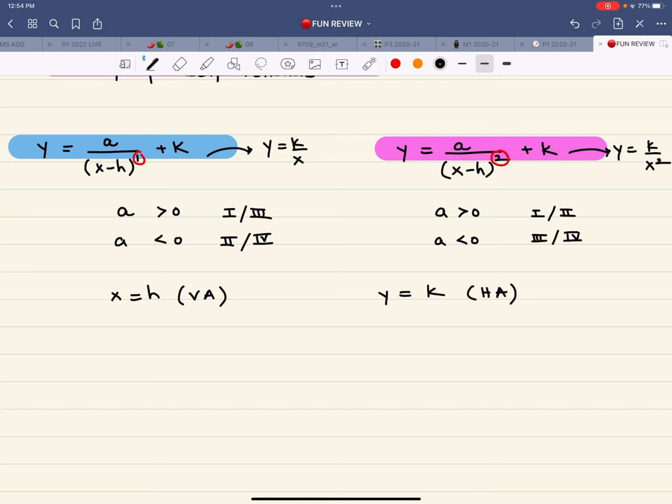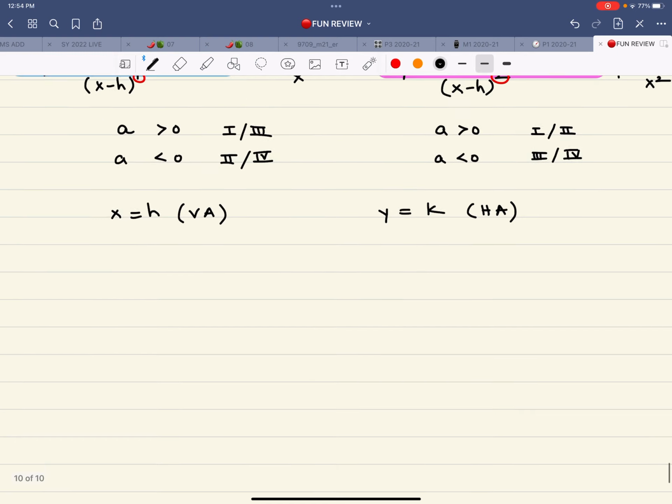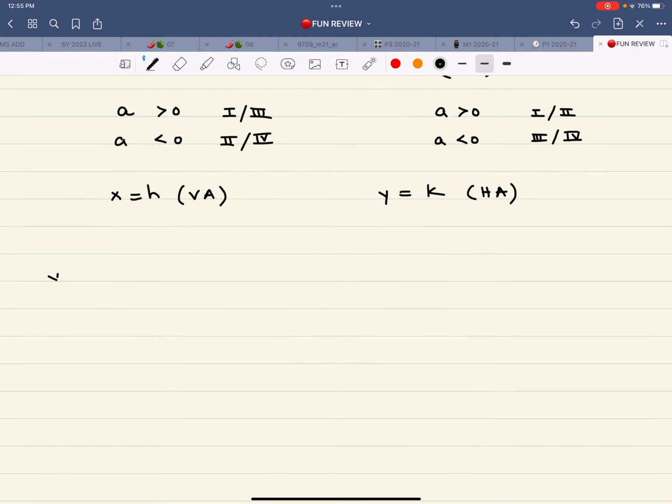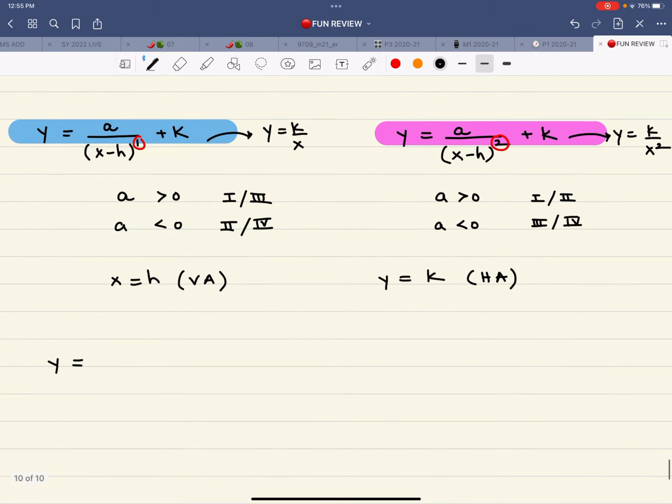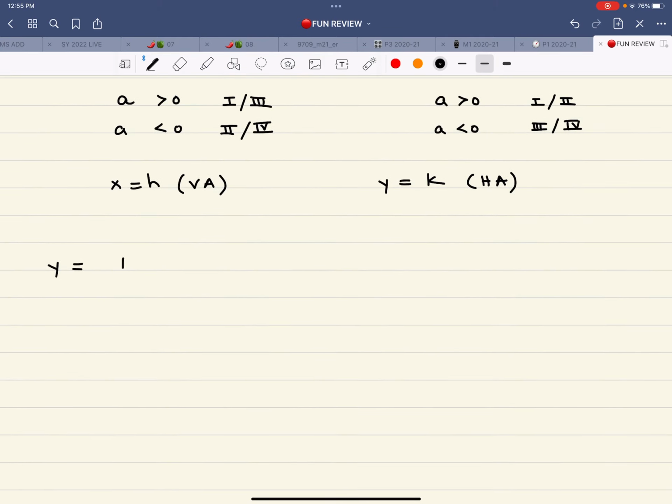I'll draw and then you will understand. For example, if I want to draw y equals 1 over x minus 2 plus 3, versus y equals 1 over (x minus 2) whole squared plus 3.